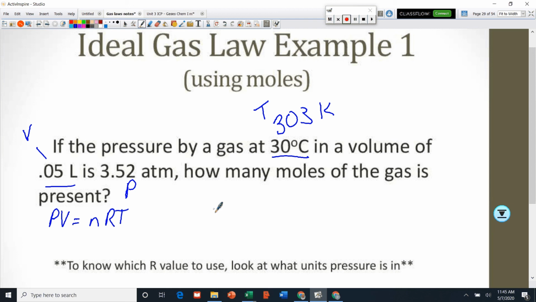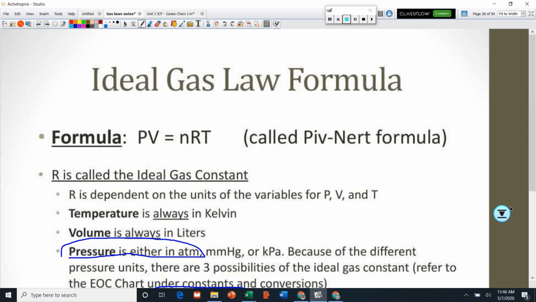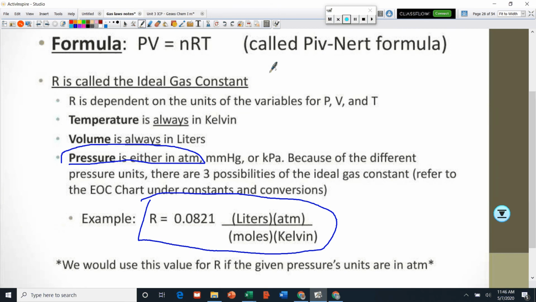So let's go ahead and plug that in. Pressure, 3.52 atm times the volume, which is 0.05 liters, equals n, which we don't know, times R, which is 0.0821 liters atmospheres over moles K. I just wanted to double check that one.